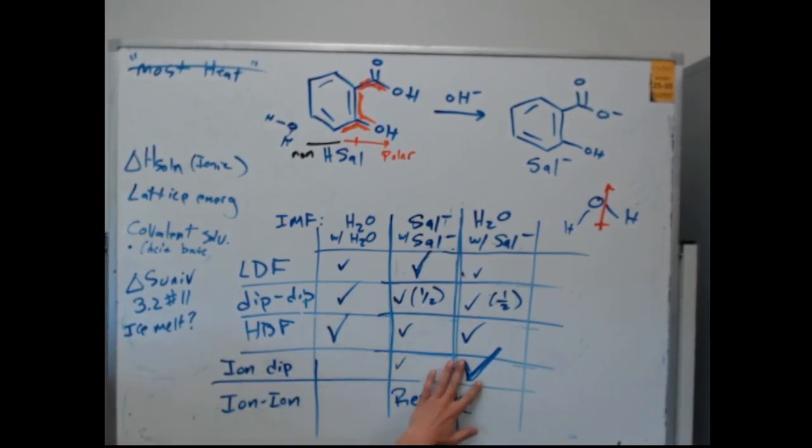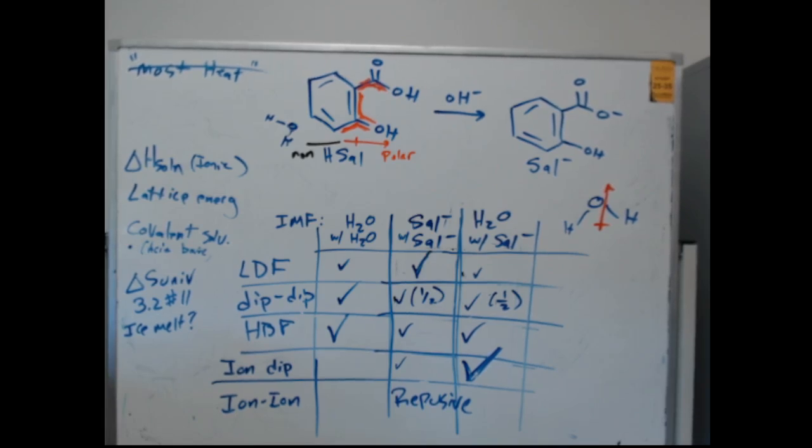So in this case, this ion dipole force is going to overcome any London dispersion force considerations, any of this half dipole force that only interacts with part of it. The ion dipole force is going to overcome all of that. And so we're going to see this really strong attraction of water molecules to the ion.